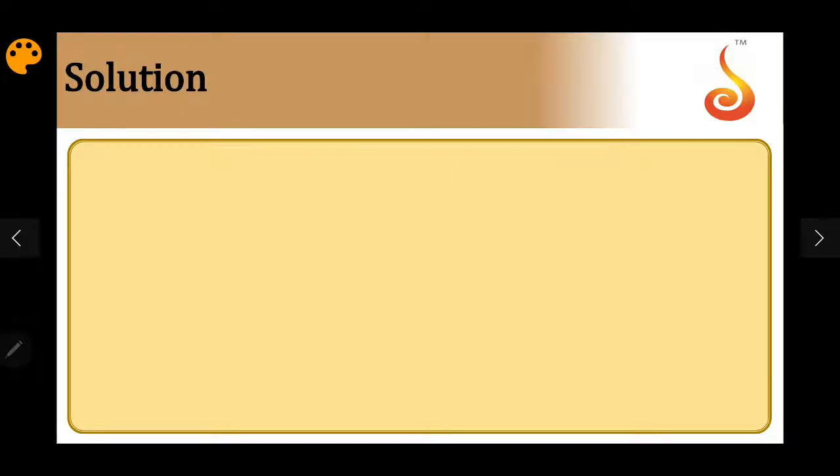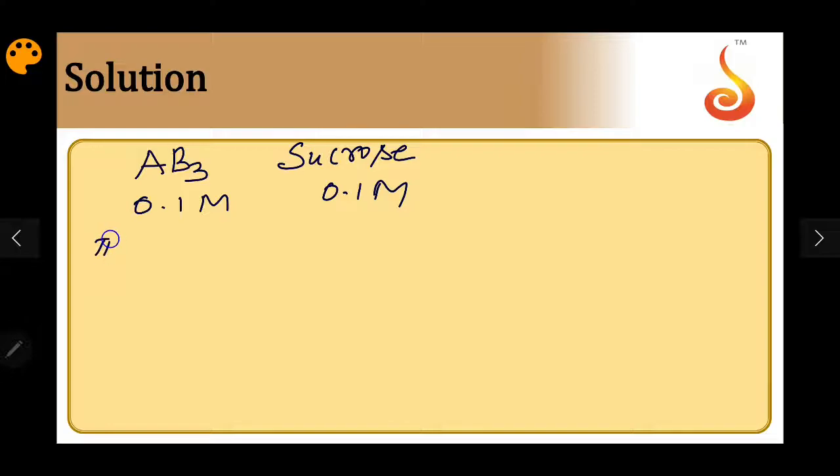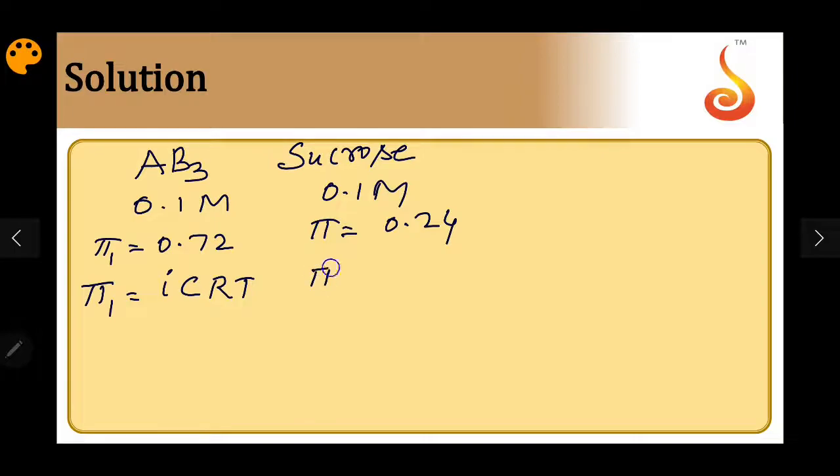So we have AB3 as one salt and sucrose as another substance. Both are at 0.1 molar, and pi here is 0.72 and pi here is 0.24. So I can write pi 1 is equal to I into CRT. Here pi 2 is equal to just CRT.